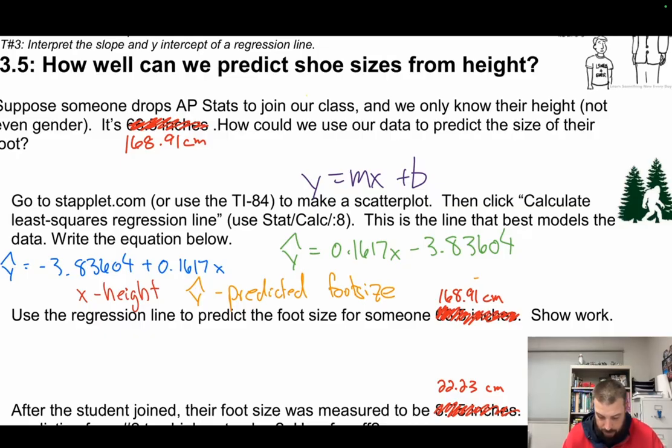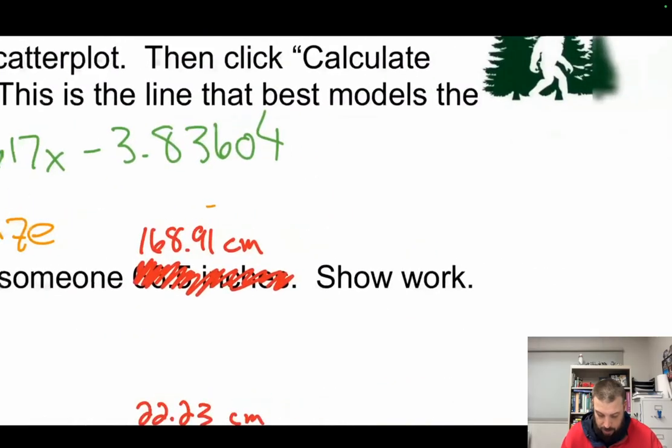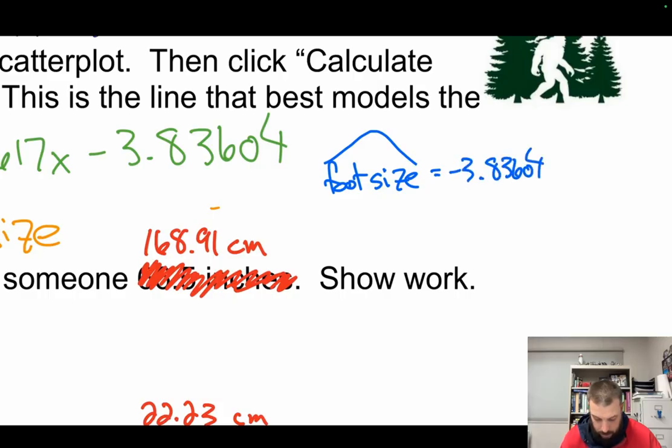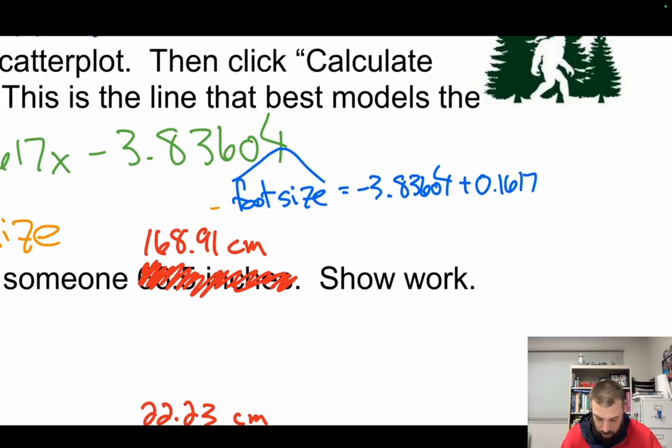Another way you may see this written out is contextually. We may see it written as foot size with the hat equals negative 3.83604 plus 0.1617 times height.